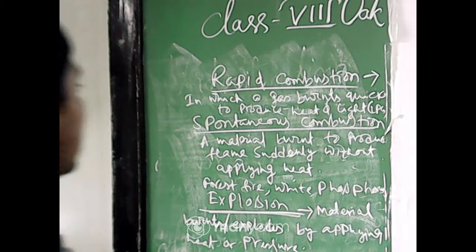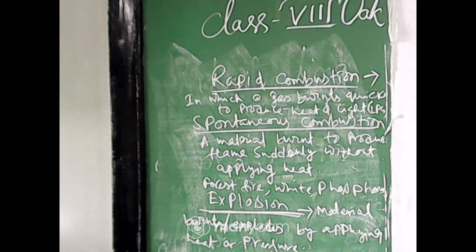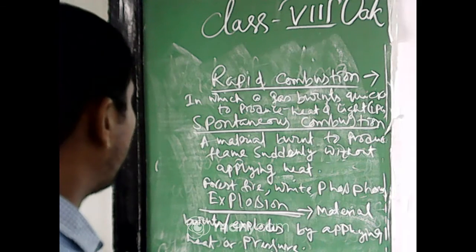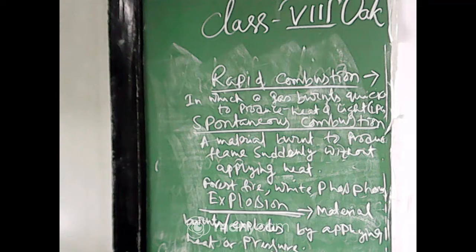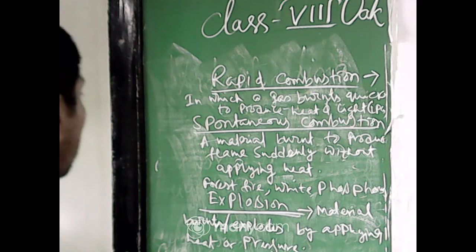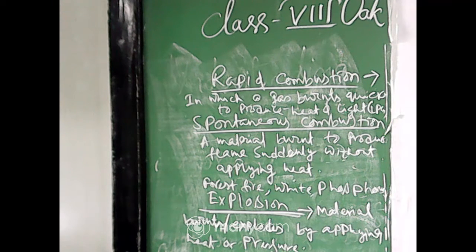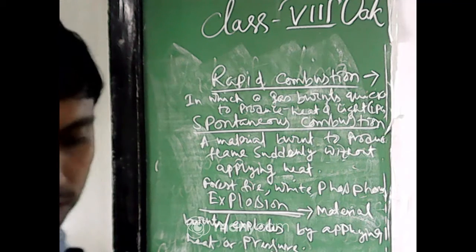Now you can see in the definitions: in rapid combustion it is in gaseous form, and it produces heat and light. Next, in spontaneous combustion, it is a material, not a gas. Burning is produced suddenly without applying heat. It is one of the characteristics of that. And in explosion, it is also a material, but here heat is applied.